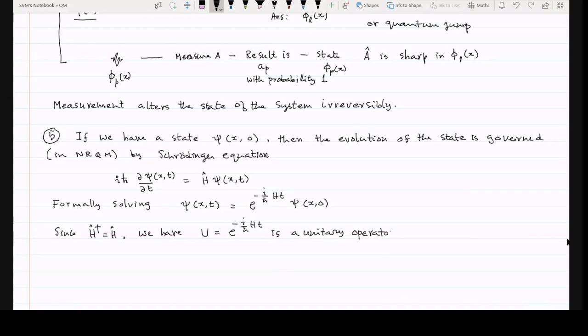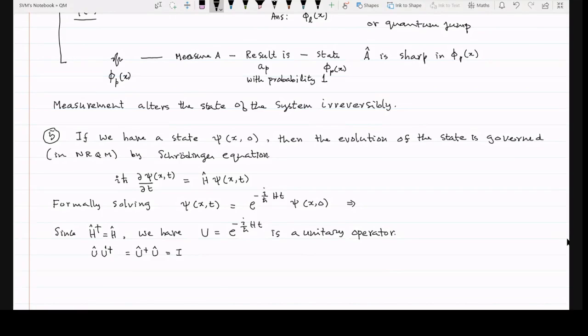Okay, it's a unitary operator. Now what is the definition of a unitary operator? By definition, if you take U dagger U, that is identity. That means U dagger is its inverse. U inverse is U dagger.